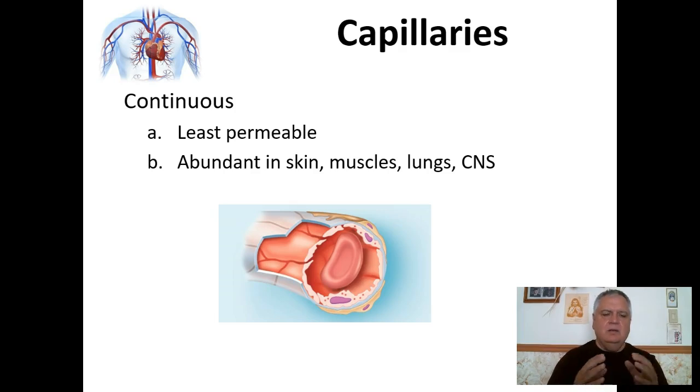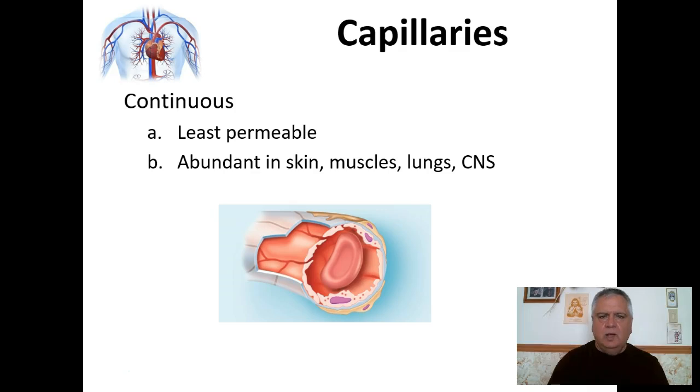As a matter of fact, the simple squamous cells, instead of having tight junctions that kind of spot the cells here and there along the membrane, the tight junctions are all along the membrane, and the cells are very tightly adhering to one another.